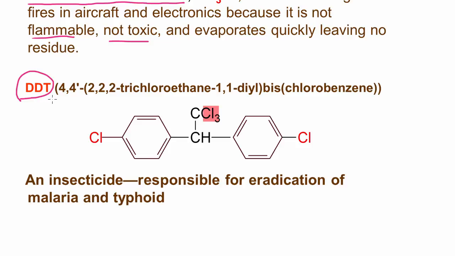It is now banned in the US, but notice the chlorine substituents here. And so yeah, even though it's banned at the time, this was a great discovery because it was responsible for the eradication of both typhoid and malaria.